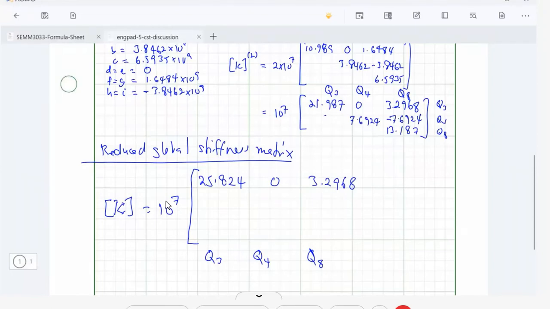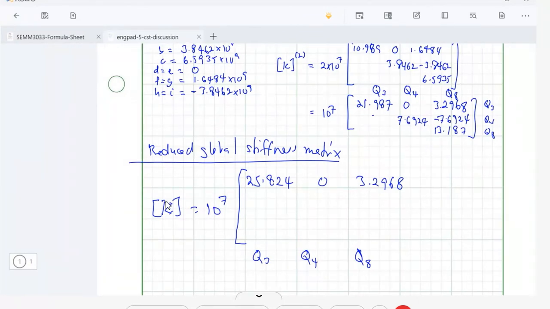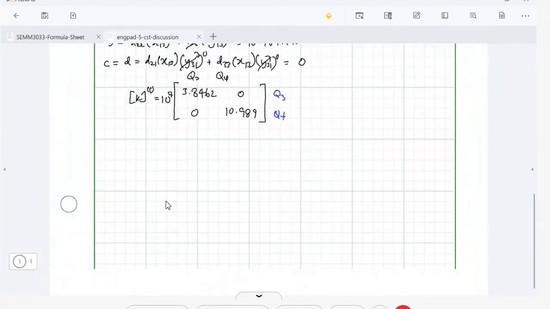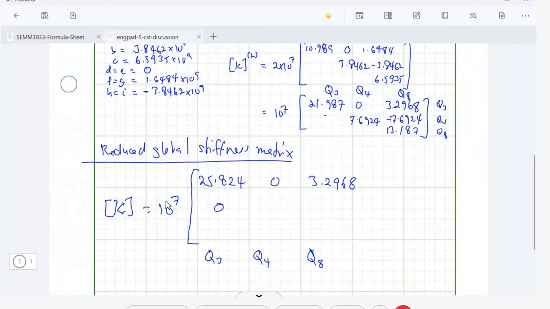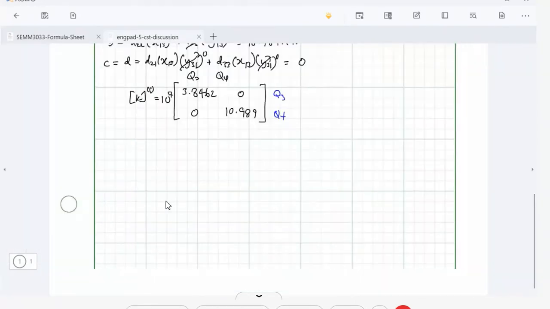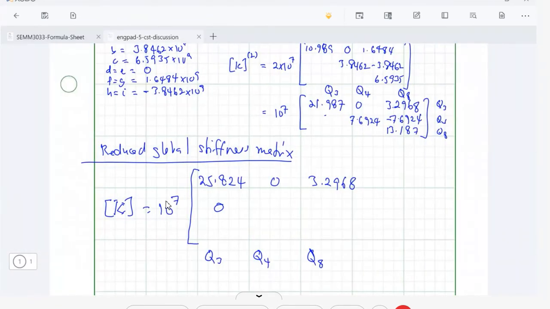Okay, of course now Q3 and Q4 is 0, so this is also 0. Okay, and then Q4 and Q4, 7.6924. Q4 and Q4, 10.989. So this one is overlapping, so we need to add them together, 10.989 plus 7.6924, then this becomes 18.681.